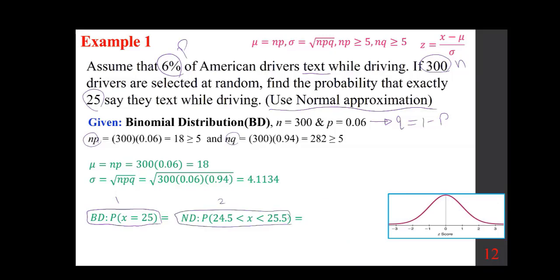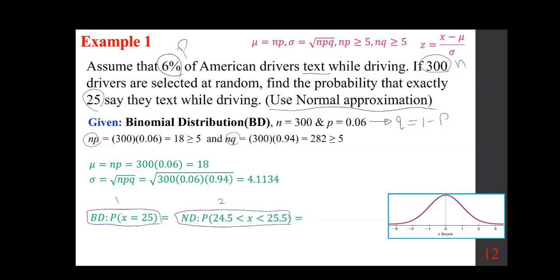So what are we doing? Step one, binomial distribution. Step two, normal distribution. Step three, standard normal distribution. So we go from the binomial distribution to the normal distribution, and now we're going to go to the z. To go to the z, we have to calculate the z.